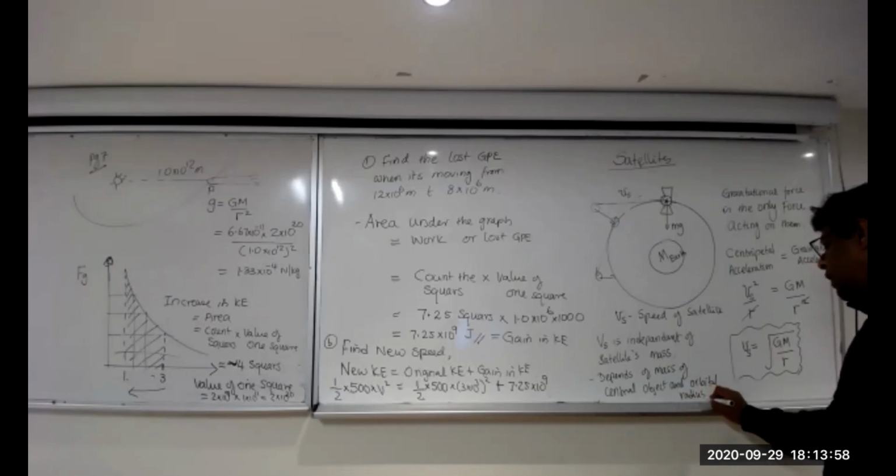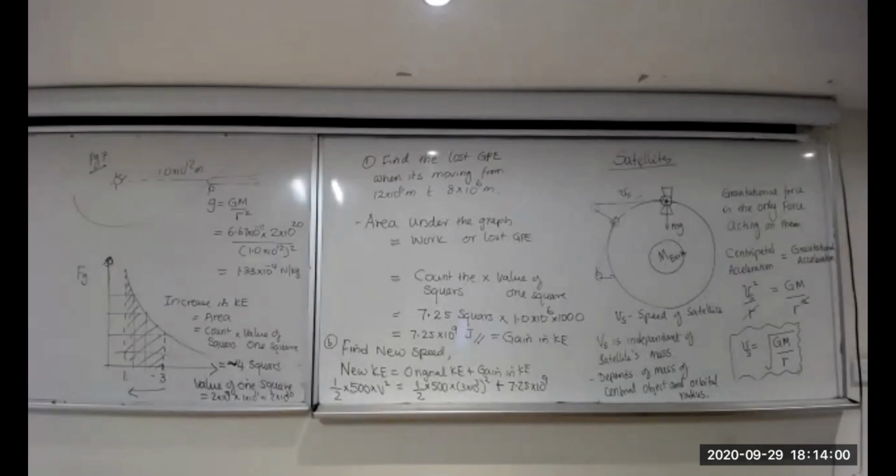So it's quite common that they say they are going to launch another satellite and place it in the same orbit as the previous one. Since it has a lesser mass or lesser weight, will that satellite go at a different speed or slower speed or something?